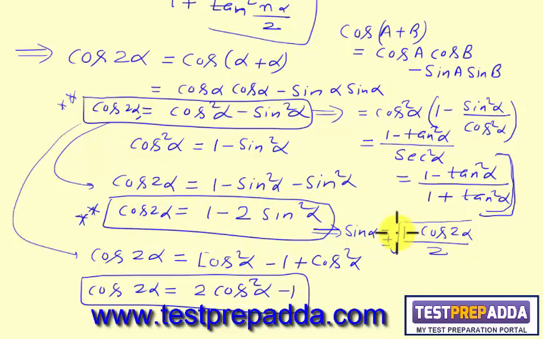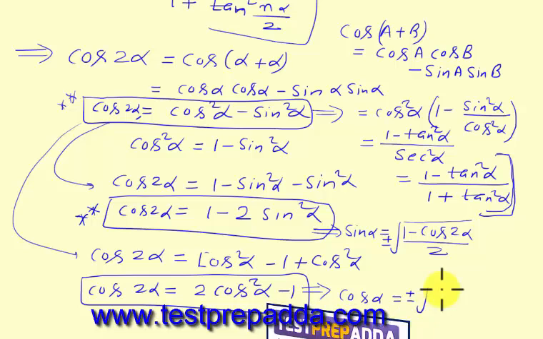So if you take the square root, you have to write plus minus. Similarly, from here you can get cos alpha. What will that be? Plus minus root, here it will become 1 plus cos 2 alpha by 2. Okay.